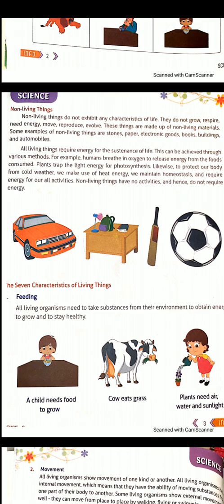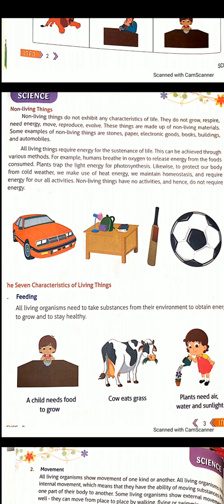They do not grow, respire, need energy, move, reproduce, or evolve. These things are made up of non-living material. Some examples of non-living things are stones, paper, electrical goods, books, buildings, and automobiles.